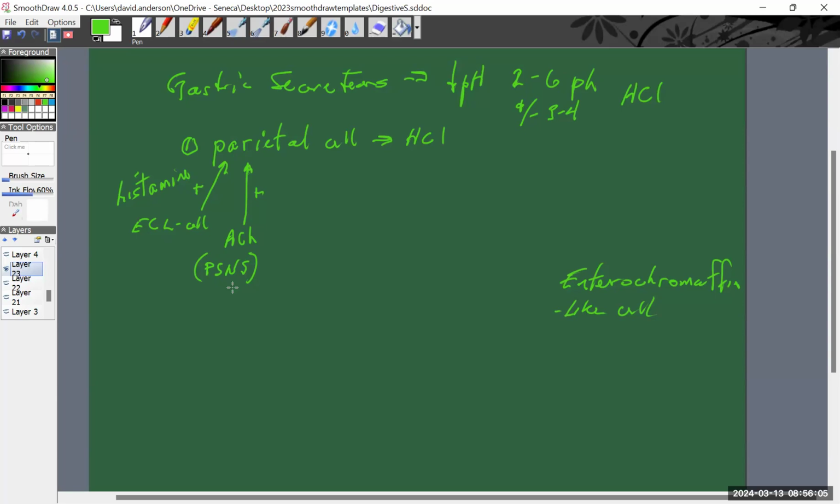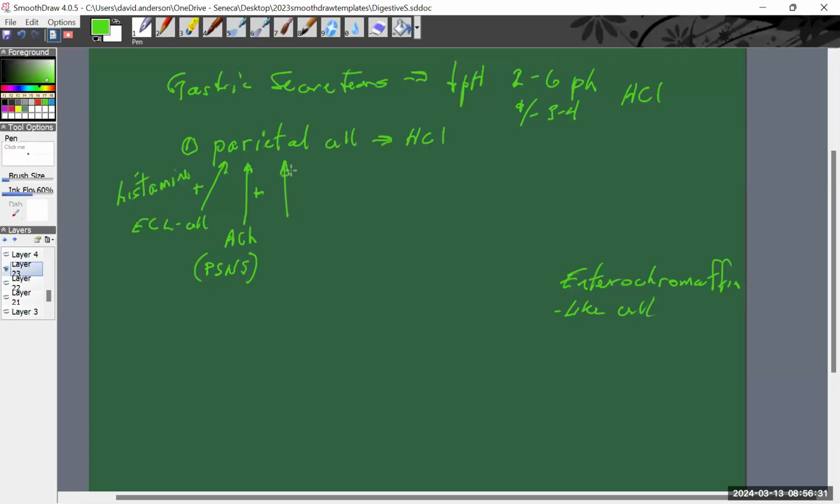Parasympathetic nervous system. What's the neurotransmitter that the parasympathetic nervous system utilizes? Acetylcholine. There we go, acetylcholine. And we know parasympathetic promotes motility and secretion. So here's where some of that signaling is coming from. The vagus nerve releases ACH and targets the parietal cells and is stimulatory for the production of HCl.